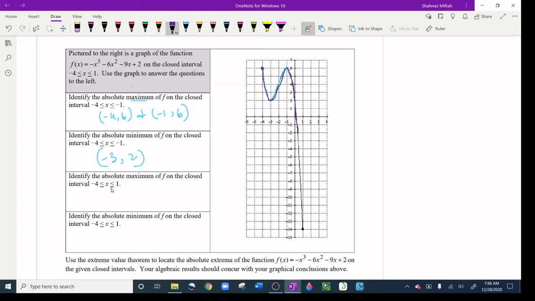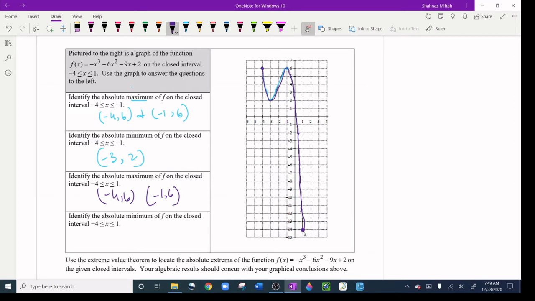If you check, positive 1 is a closed endpoint, so I have to stop at the y value wherever the 1 is, and I think it's all the way down there, negative 14. Which one is the maximum y value? You can tell this and this are the maximum y values, both of them. So I'm going to say negative 4 and 6 again, and negative 1 and 6.